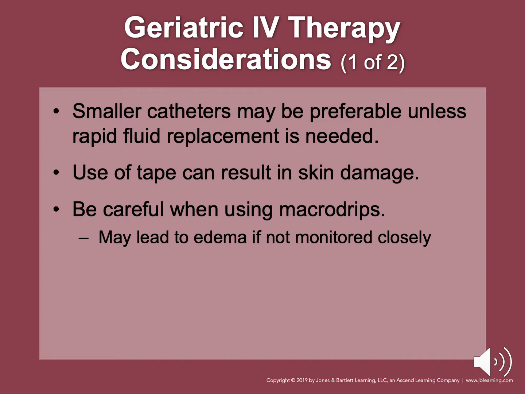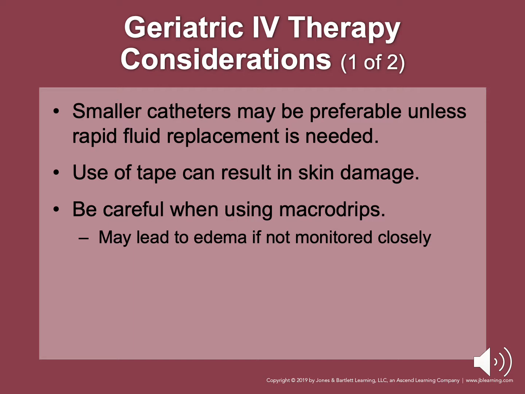Use of tape can result in skin damage, so we try to use cloth tape nowadays and paper tape. The silk tape and other tape can actually pull the skin because it is so fragile.